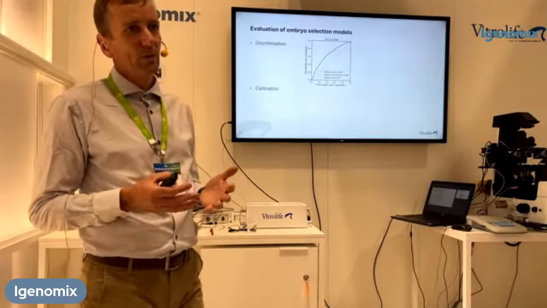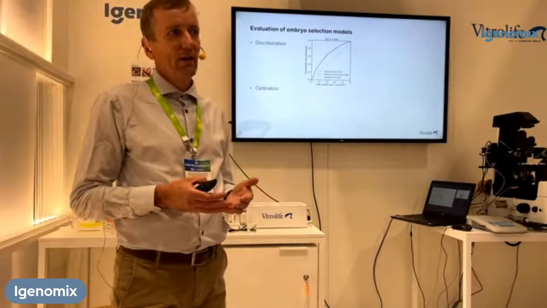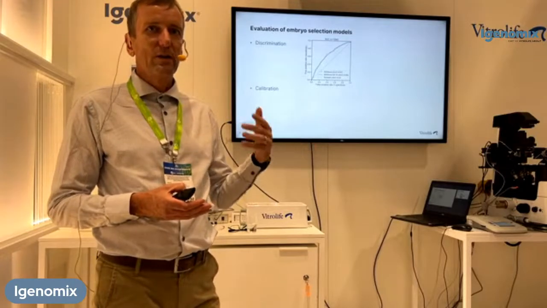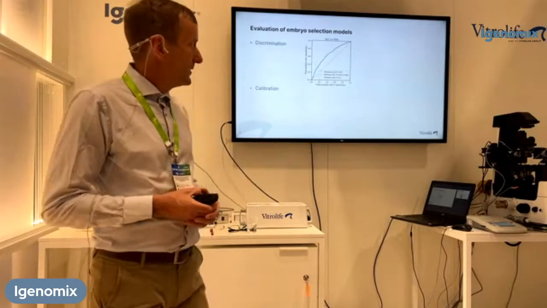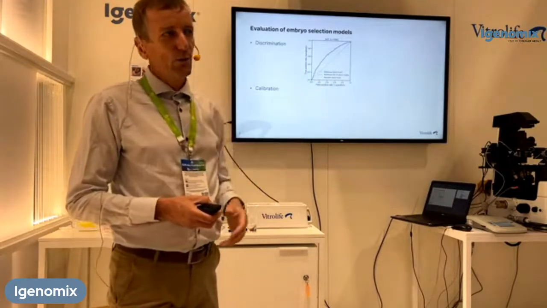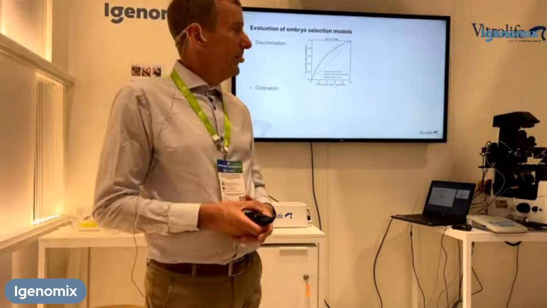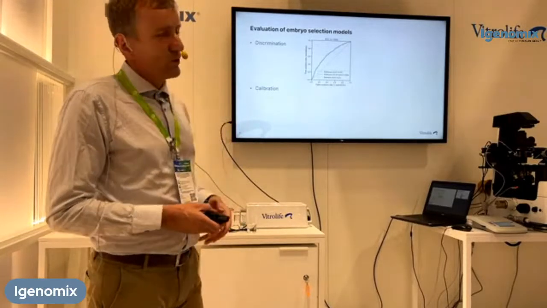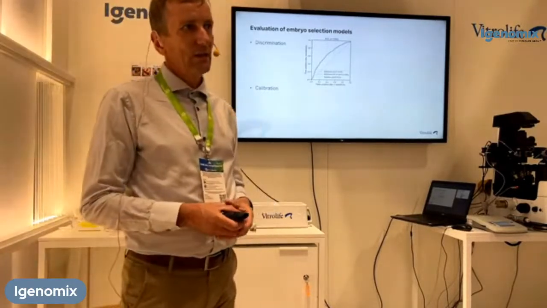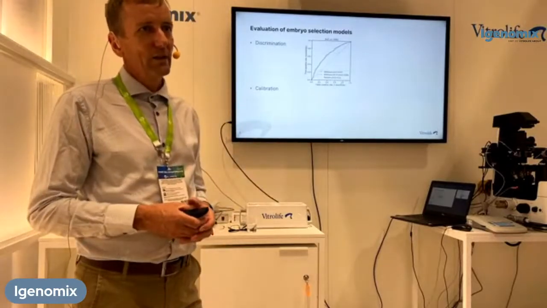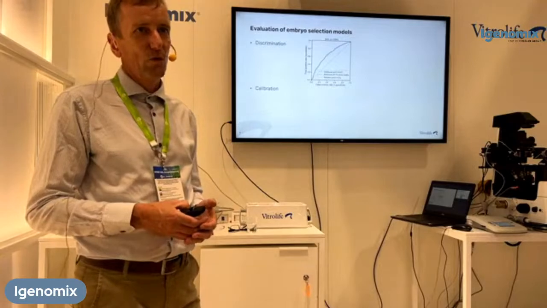The only possibility you have is to take the same data set and then evaluate several models on this data set. This is exactly what we have done on the data set that we used for developing the model. Here we found that the AUC for iDAScore was 0.67, and then on the same identical data set, we evaluated how the model was performing.